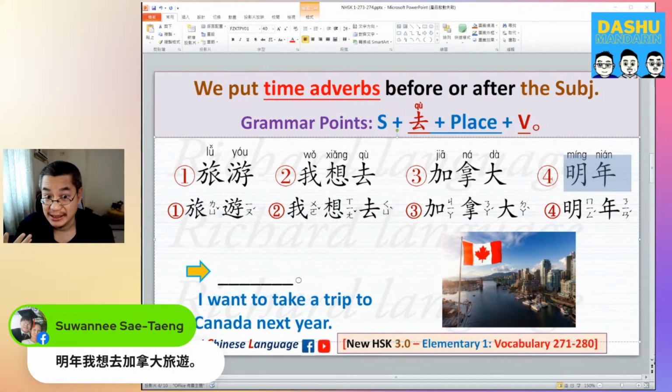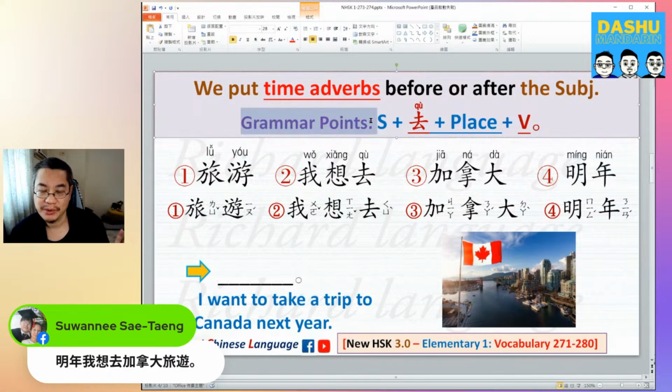I don't need to say and in Chinese. Directly, I add another verb, 旅游. Very good. So this is the grammar point.